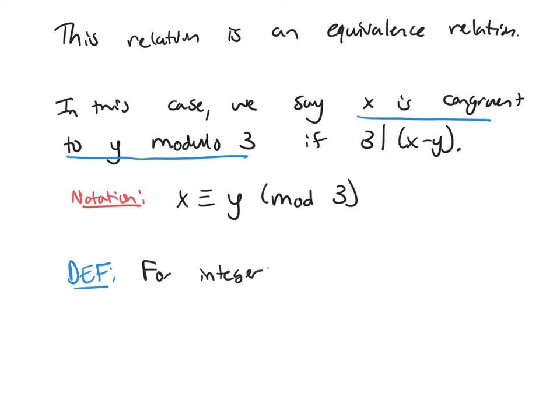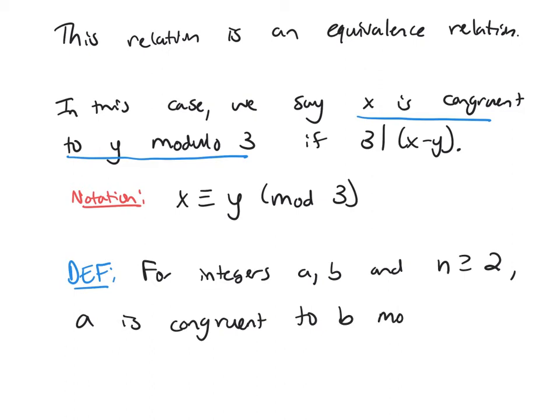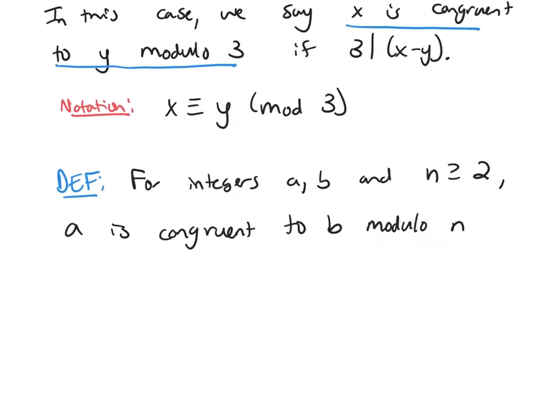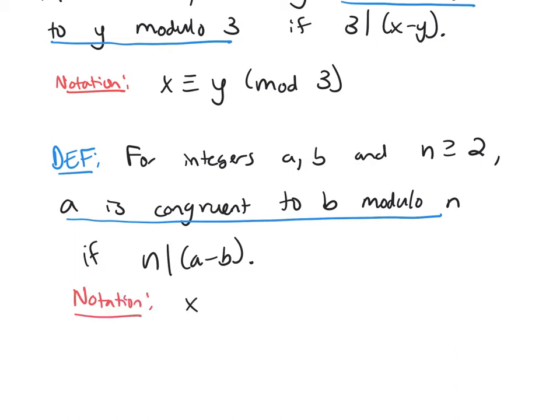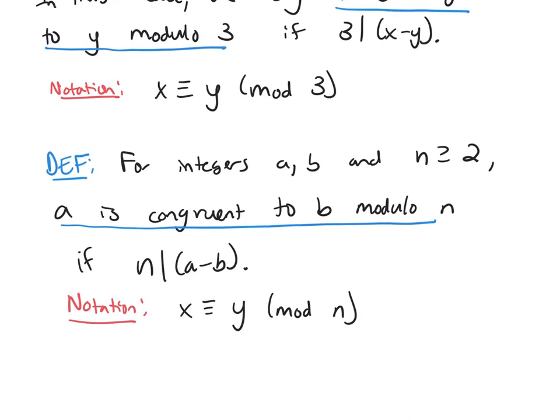For integers A, B, and N at least 2, A is congruent to B modulo N if N divides A minus B, and the notation is that X is congruent to Y mod N, modulo N. So here all we've done is change what we're dividing by.